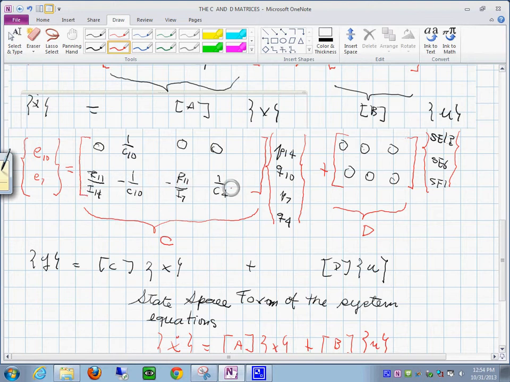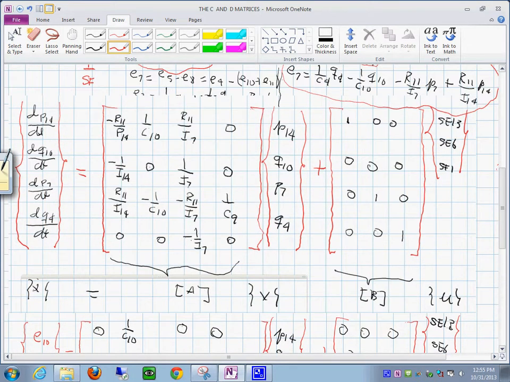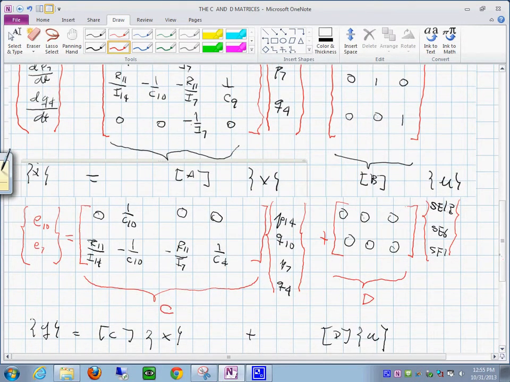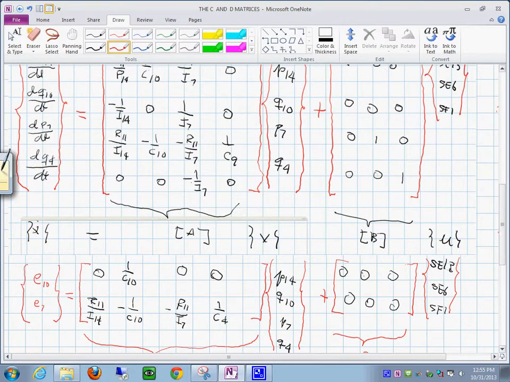And if we multiply this by this and this by this, it should reproduce the second equation for output E sub 7. So what we can conclude is that this representation of the differential equations plus this set of the output equations is what we call state space form.